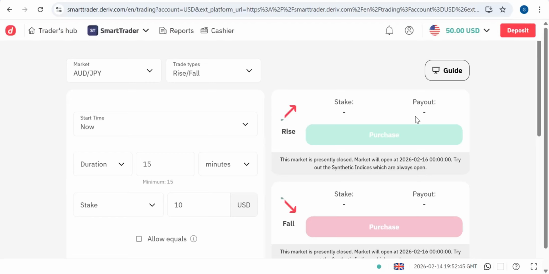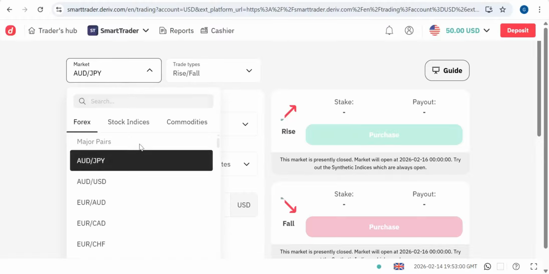You can start with as low as $1. That's a beauty about using Deriv, because you can actually deposit as low as $1 and grow your account to as much as you want. So you'll come here on market, and you come on commodities.